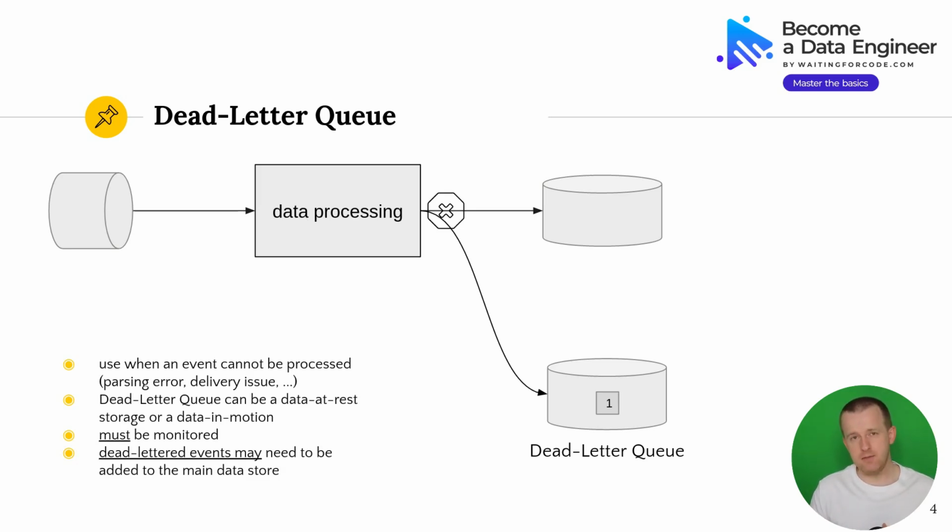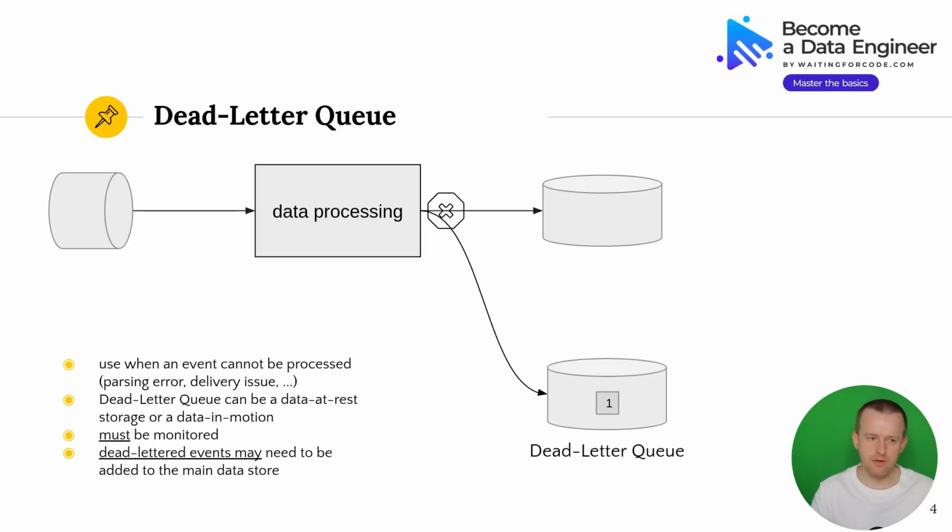Here I gave you the example of a data at rest storage, but obviously it can also be a streaming broker or message queue for data in motion, anything you want. And there are also two key parts. The first two are important, but the last two are really, really important. The first one is monitoring.